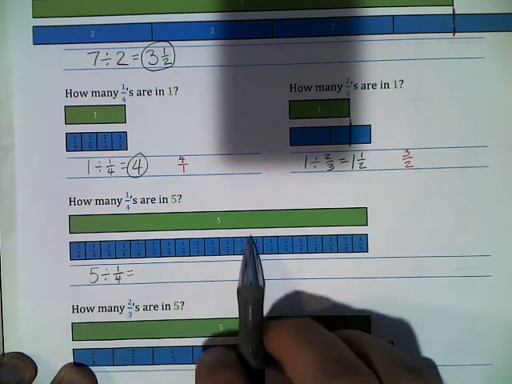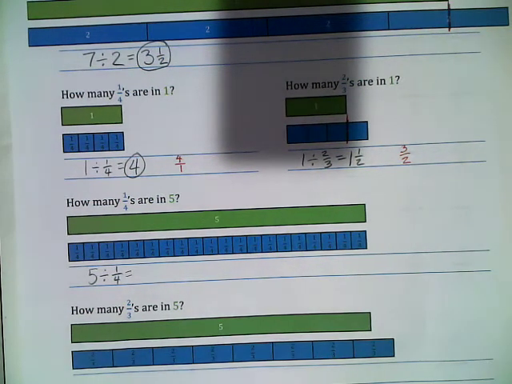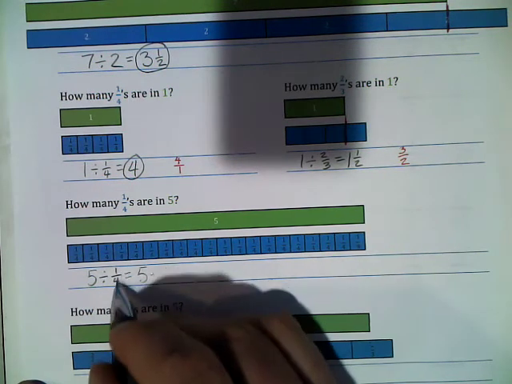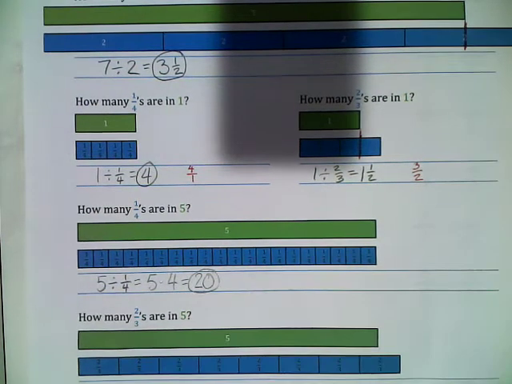There's another 1, another 1, another 1. Basically 5 is 5 1's put together. So however many 1/4 fit into 1, there'd be 5 times as many that fit into 5. So 5 times the reciprocal would tell me that there are 20 1/4 that fit into 5.